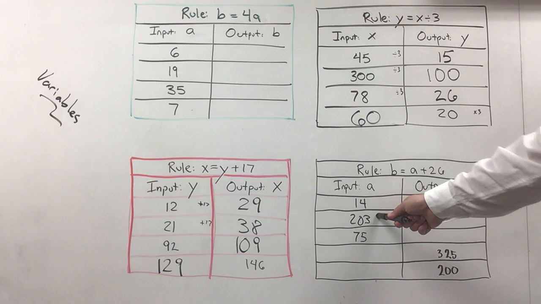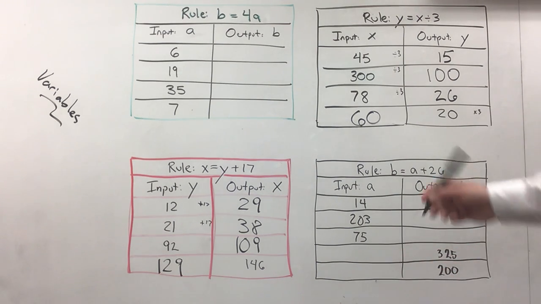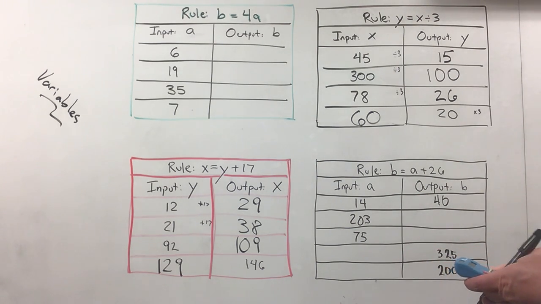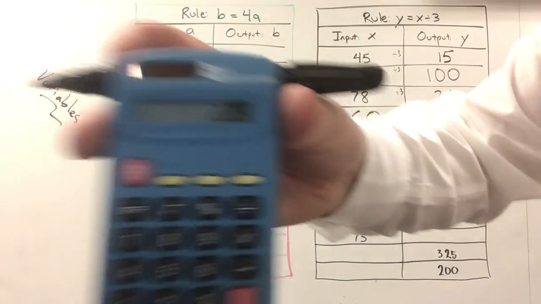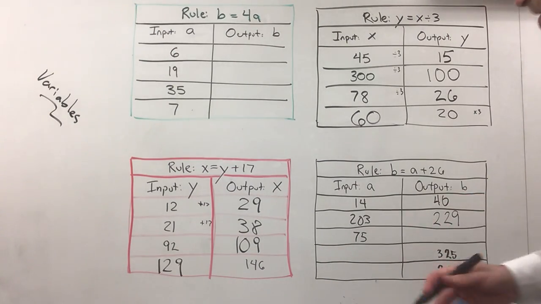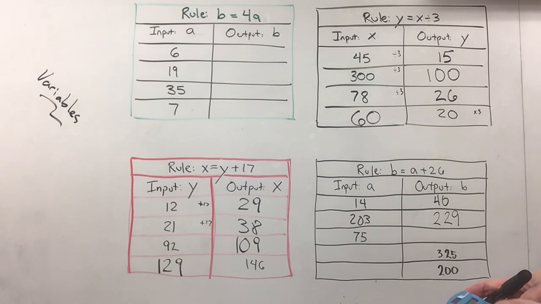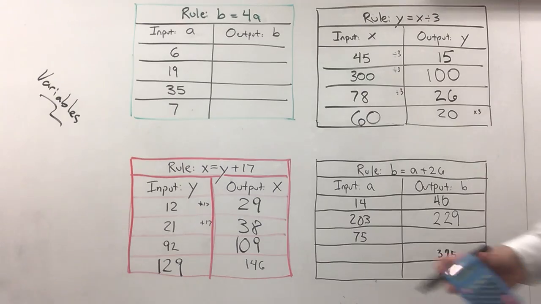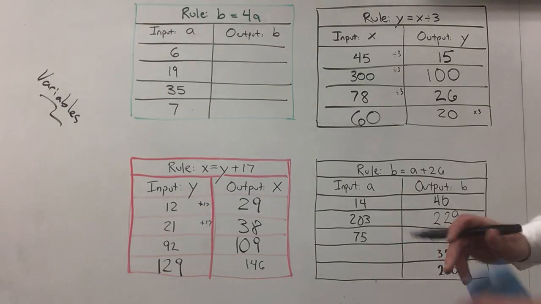What happens if you put in 203? We'll add 26. 203 plus 26, 229. If you put in 75 and you add 26, 101.